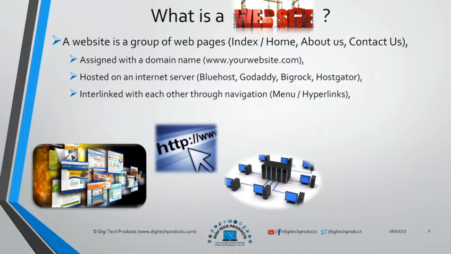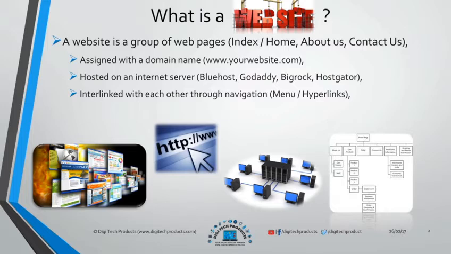Another thing is that all these web pages are interlinked with each other through menus and hyperlinks. That is the navigation of these web pages. As you can see on this image, this is the home page, the about us page, product, FAQs, contact us, additional information, and product one, product two, product three.